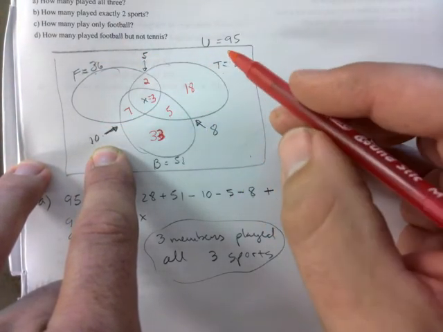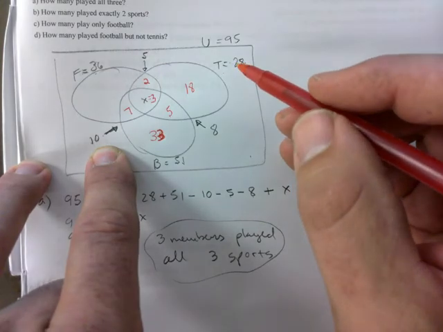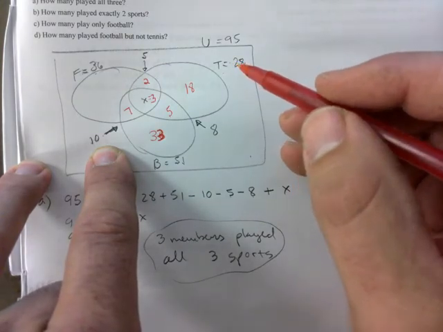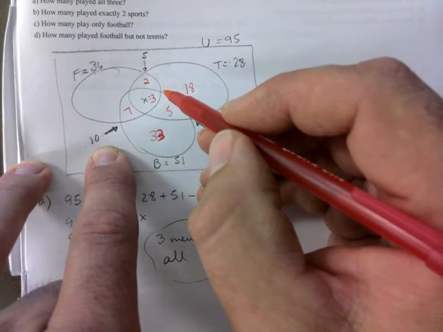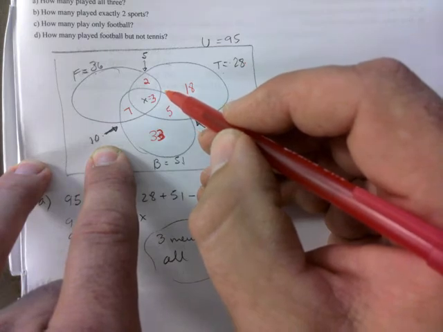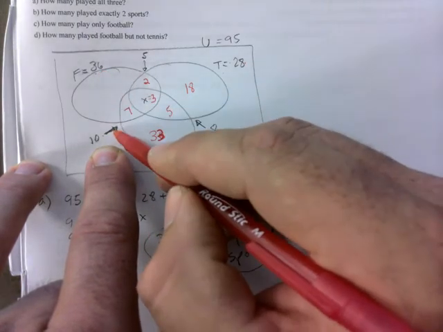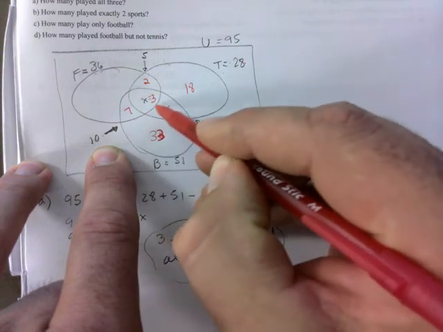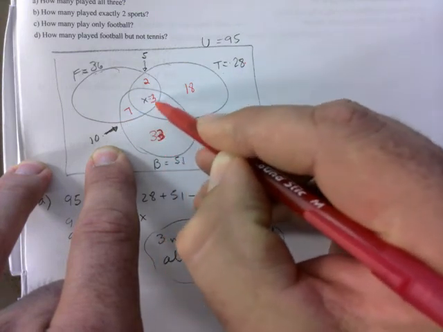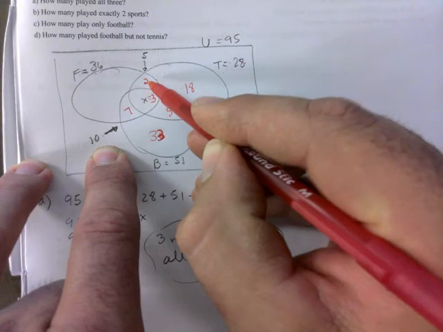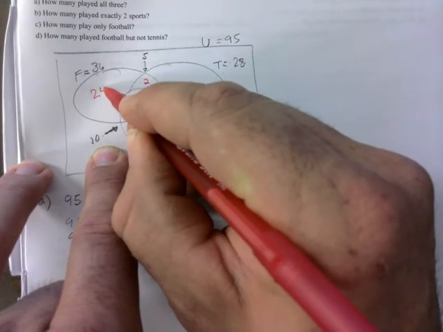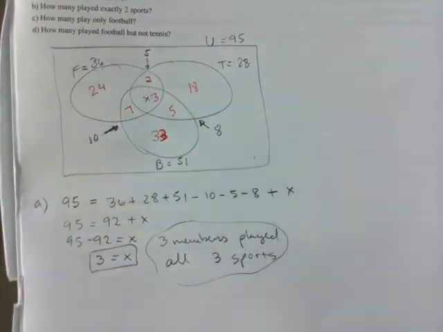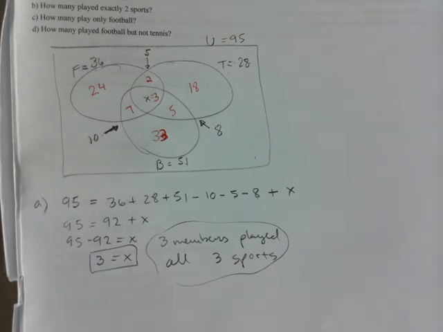Minus 5, that's 21. 36 minus 10 is 26. Minus 2 is 24. Sorry, 24. And now you have filled it in.